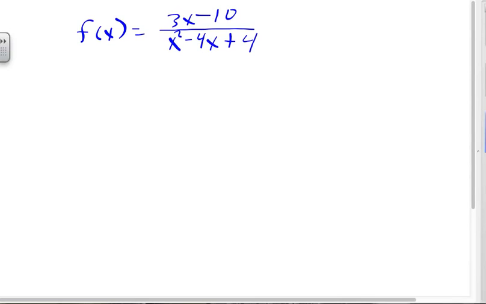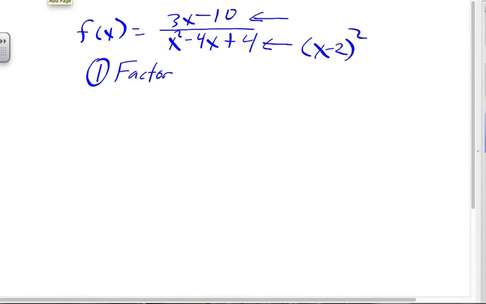So my first example, my polynomial is 3x minus 10 over x squared minus 4x plus 4. Step 1 is to factor. Numerator is already factored. This denominator is going to be x minus 2 squared. So we end up with 3x minus 10 over x minus 2 squared.